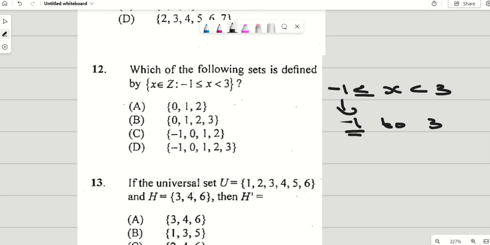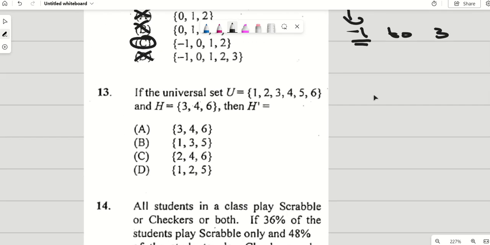So we're looking for answers that have -1, so it will not be A, it will not be B. They said less than 3. We know that we are not including 3, so it will not be D because this one includes 3. So the answer is C.